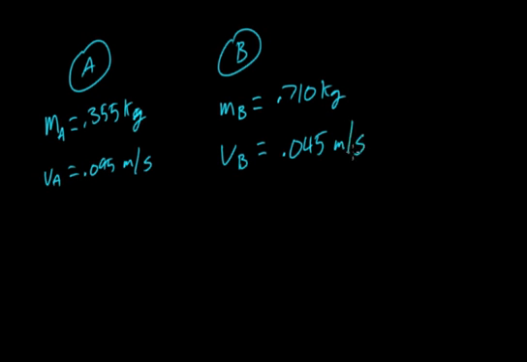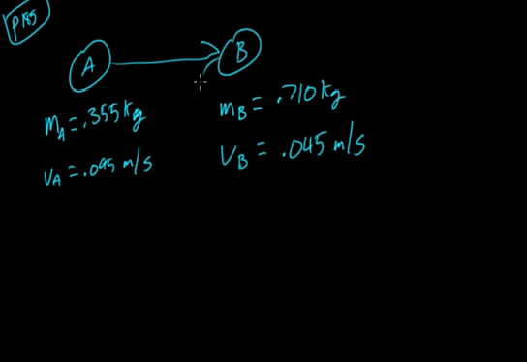I'm borrowing the numbers from page 185 of your book. I'm not borrowing the scenario, but the numbers are the same. So we've got 2 objects, and object A is moving faster than object B, so it runs into object B and there's an impact.